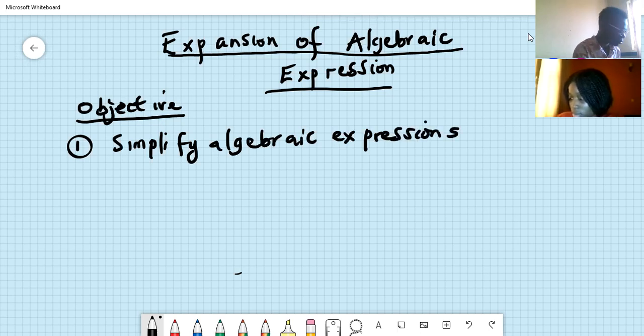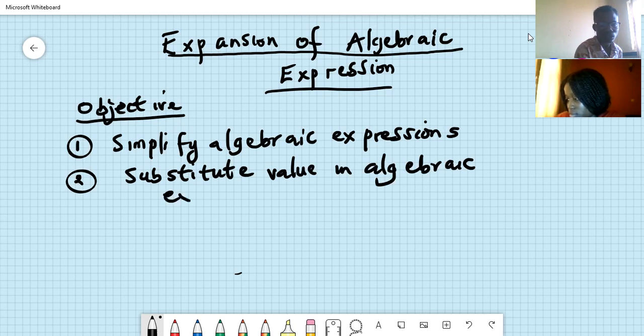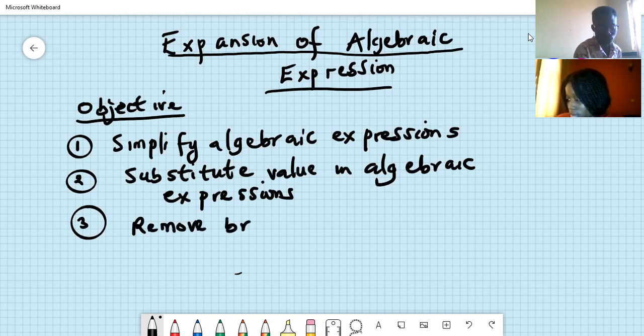All right, and number two, substitute values in algebraic expressions. And number three, we should be able to remove brackets from algebraic expressions.